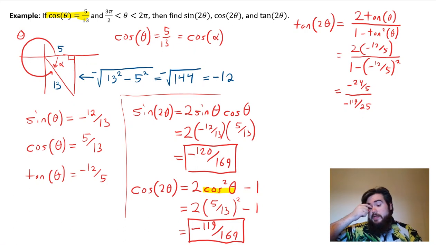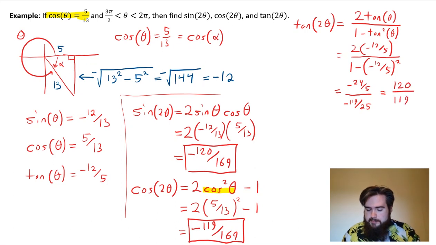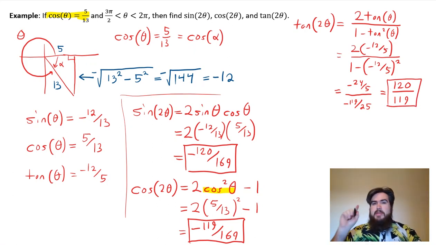If you simplify this by either multiplying by the reciprocal of the denominator or multiplying both the numerator and denominator by 25, you should get here 120 divided by 119. Positive because the two negatives cancel each other out. So that's fine. However, I didn't need that.